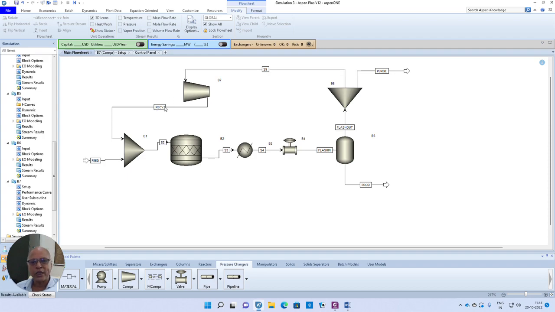Having guessed values for this recycle, because you already are providing information for the feed, both the input streams are known. So you will be able to solve block B1, then B2, then B3, B4, B5, B6. Then by the time you solve 7, starting with an initial value, we got an updated value. Compare whether the updated value matches with the previous values that you have guessed.